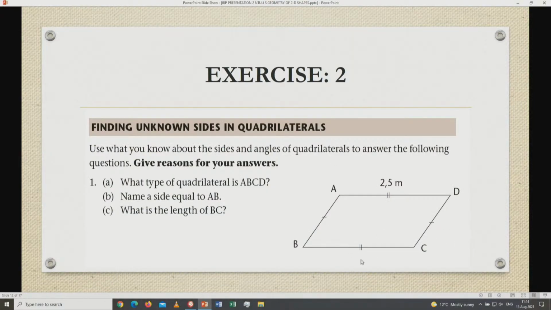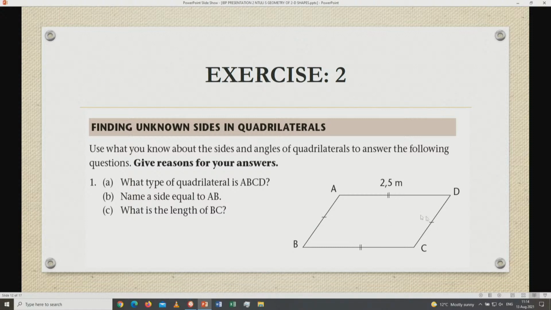That is why we saw that there is no right angle when we were observing this quadrilateral. Number B, name a side equal to side AB. Name an equal side to AB. This is AB. What is the side that is equal to AB? Markings will give us a direction.